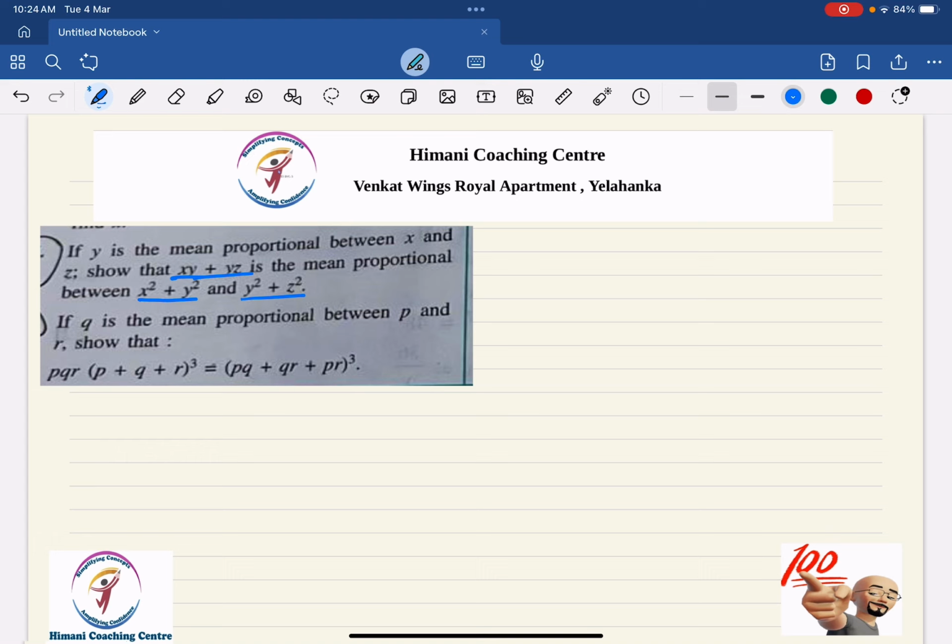Now students, here we are going to use, see, q is the mean proportional between p and r, so I am going to use p by q equals q by r equals k, which will give us p equals q times k and q equals r times k.